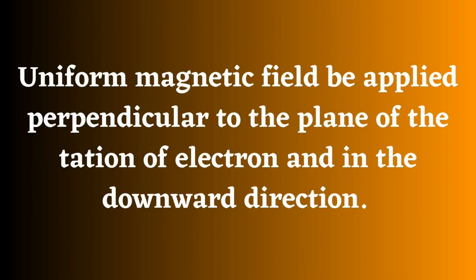Now we are going to understand the behavior of the electrons in the presence of a uniform magnetic field. Let a uniform magnetic field be applied perpendicular to the plane of rotation of the electrons and in the downward direction. As this picture shows, we can observe that there are two forces.